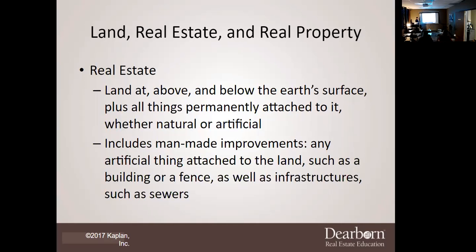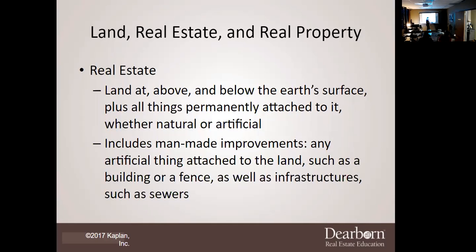You're not actually buying real estate. There are different ways this is done. For example, real estate is land at, above, and below the Earth's surface, and here's the key word, plus all things permanently attached to it, whether natural or artificial.